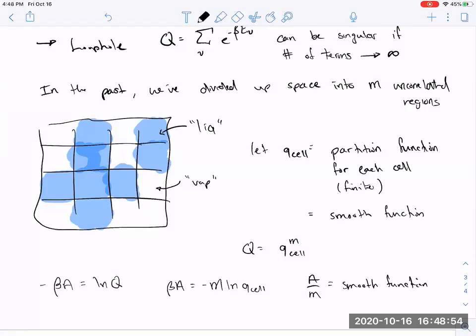So there's not a trivial reason just by having a very large system that we could get a singular partition function. Even if the system is itself macroscopic in extent, if we can divide up space into uncorrelated regions, just taking the system to be large doesn't result in a singular response or a non-smooth function.